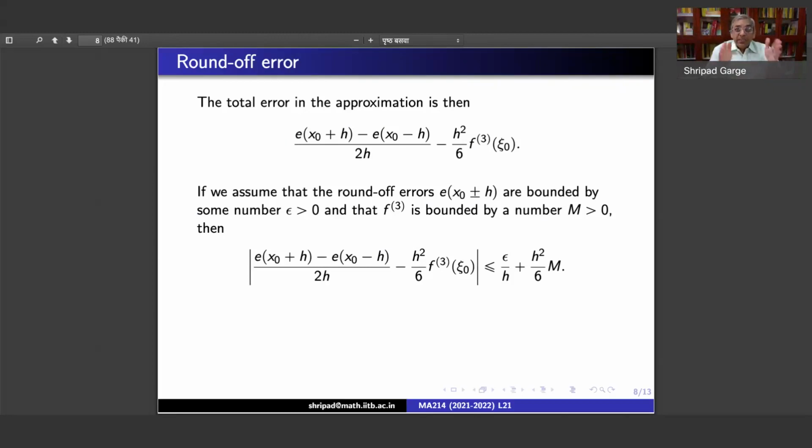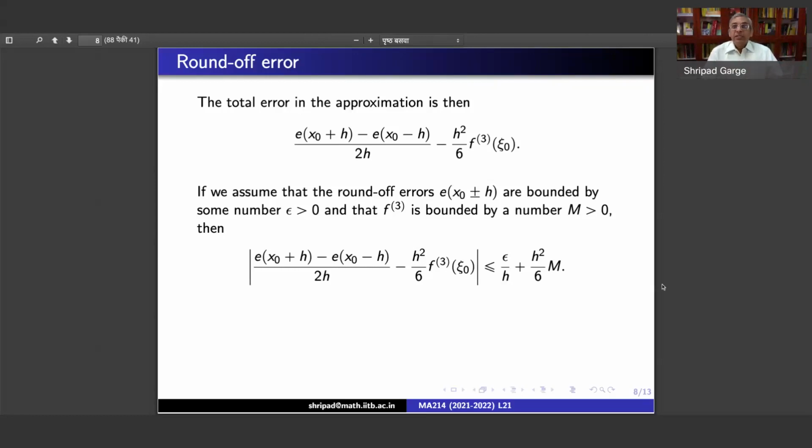So this numerator is also less than or equal to mod of e of x naught plus h plus mod of e of x naught minus h, which are both less than epsilon. So the numerator is less than or equal to 2 times epsilon. And you have denominator 2h, the 2 gets cancelled, and that's why we get epsilon upon h here.